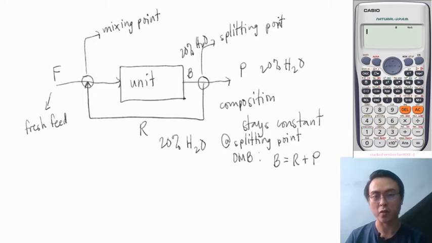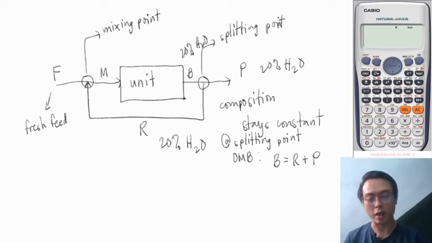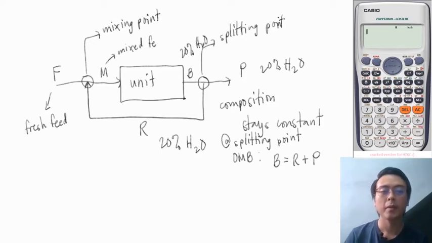The first one is the fresh feed. The second is the stream that goes directly into the unit. We call that M, and M here is called the mixed feed. Do not confuse fresh feed with mixed feed. They would have different compositions.